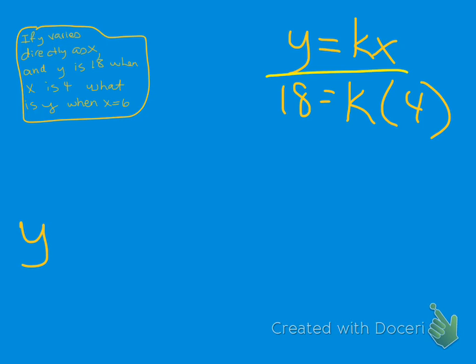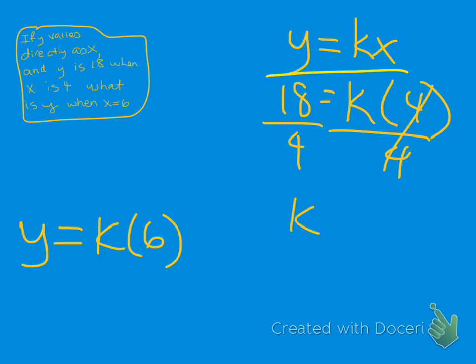We're going to be looking for k. So we're going to solve that for k. I've got to find that k so that I can plug it right back in here, because it says that x is 6. So I've made that x be 6.